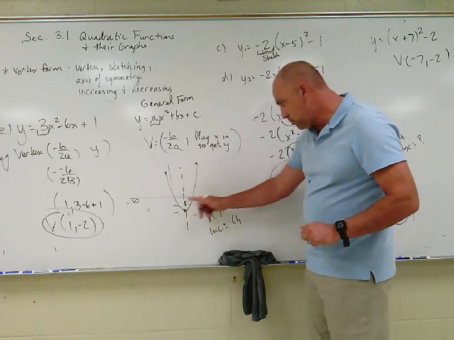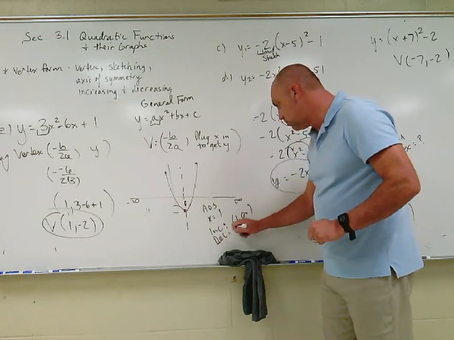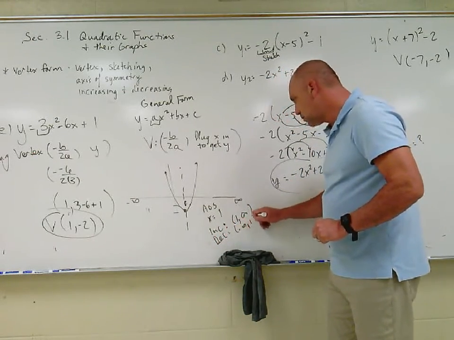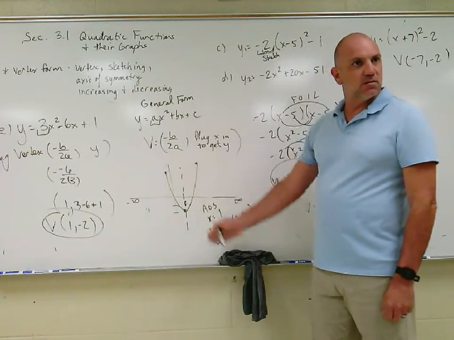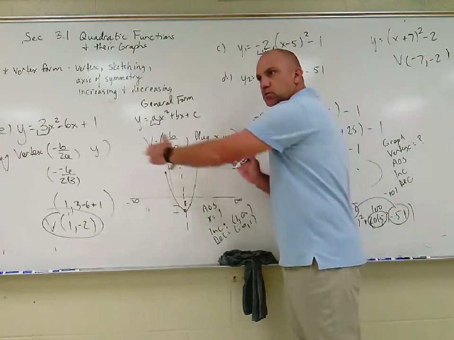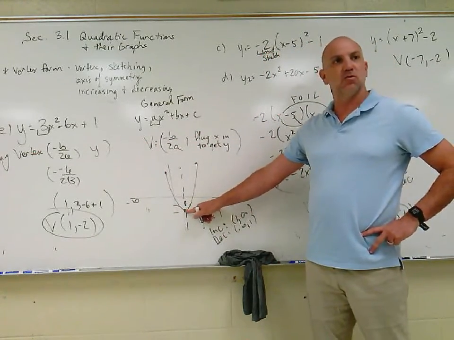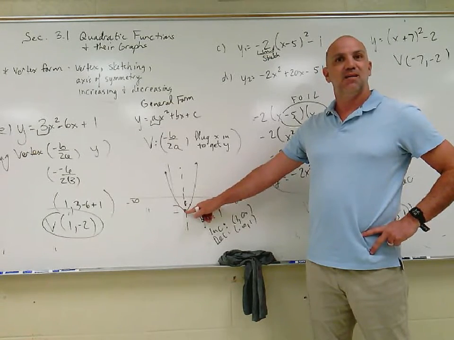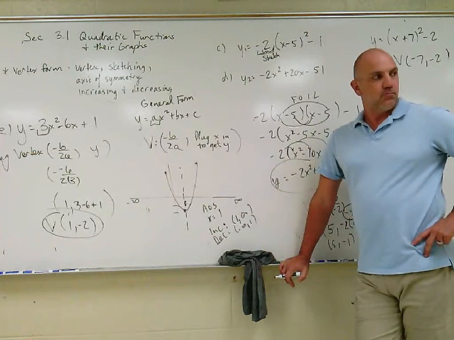No? 1 to infinity. And decreasing on what interval? Yeah, there you go. So does everybody see why the axis of symmetry is helpful? Because it shows us where it switches from one to the other. And this point right here is also called a minimum.